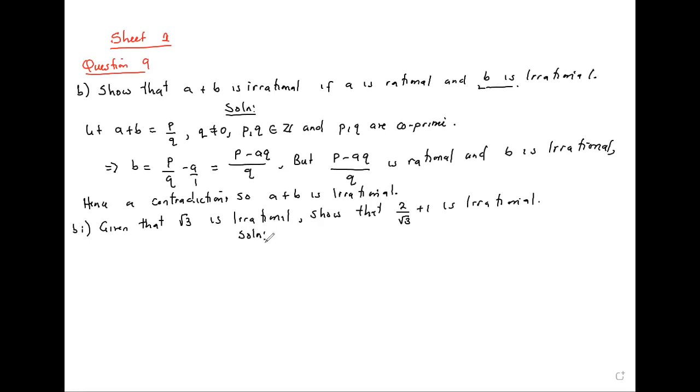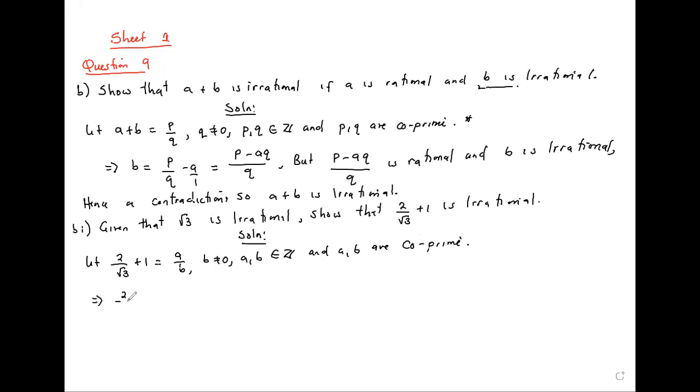The target is to solve for root 3 after you have made this statement here where we assume. So say, let 2 over root 3 plus 1 be equal to a over b, where b is non-zero, a and b are integers, and a and b are coprime. This statement here is a must. You always put these assumptions there. Then now you come down and solve for root 3.